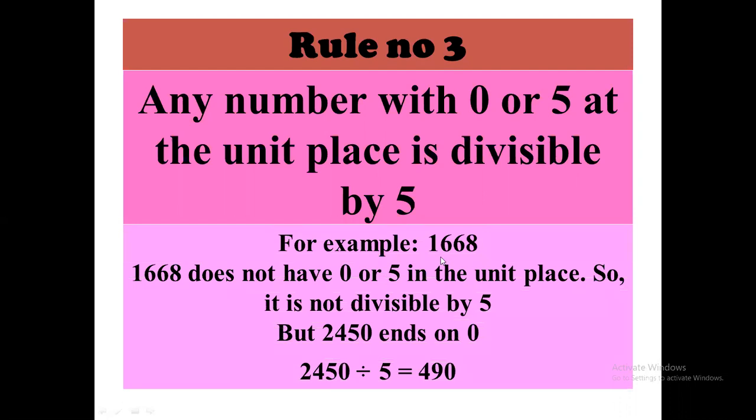The example which I have given you initially was ending on 8. So 1668 does not have 0 or 5 in the unit place, so it is not divisible by 5. But let me give you one more example over here. 2450 ends on 0. So yes, it is divisible by 5. Your quotient will be 490. That means 5 490s are 2450.